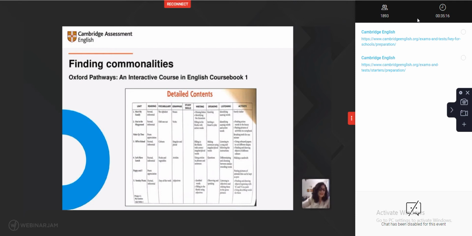Then you have identifying naming words in listening, and all of these are also the focal areas of the YLE Starters exam. So this is your first step. This is how you locate and map the commonalities.